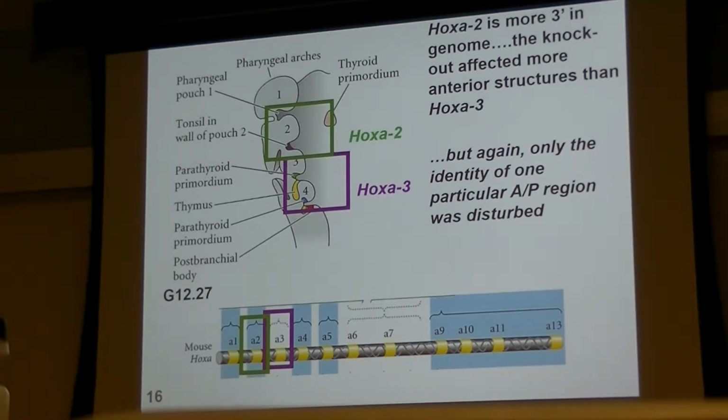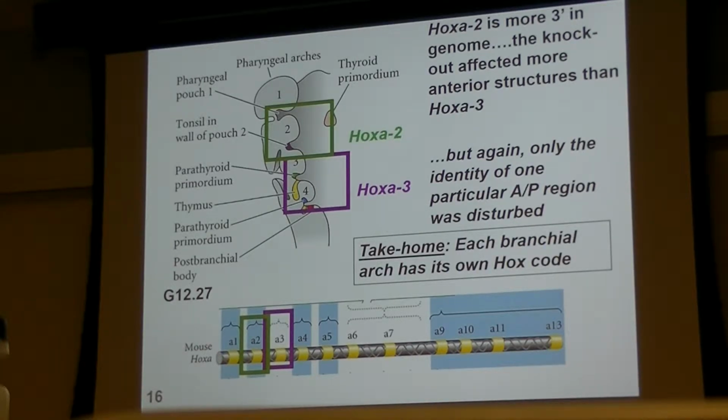So it is a little bit more anterior structures the more 3' you go in the genome, which again matches the expression pattern. But this also is not a homeotic transformation. So, keep in mind that these are not the only Hox genes here, but we're just mutating these things one at a time.